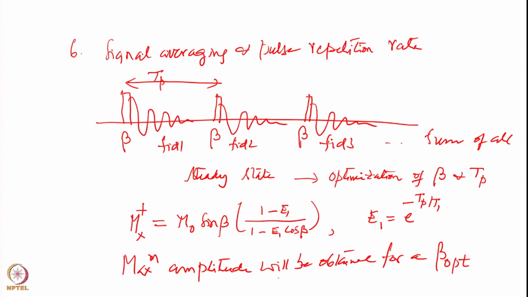It is given by cosine beta optimum equal to E1, and E1 is dependent on Tp and T1. If you optimize your beta such that cosine beta optimum is equal to E1, then you get the maximum Mx plus. Maximum Mx plus means you will get the maximum signal to noise. Beta optimum for Tp by T1.